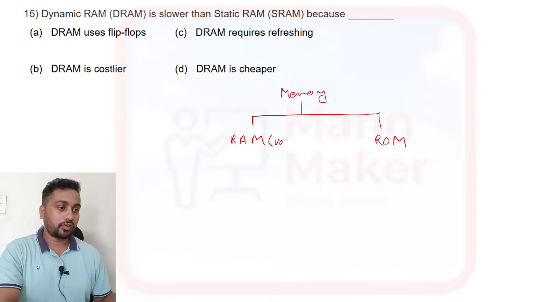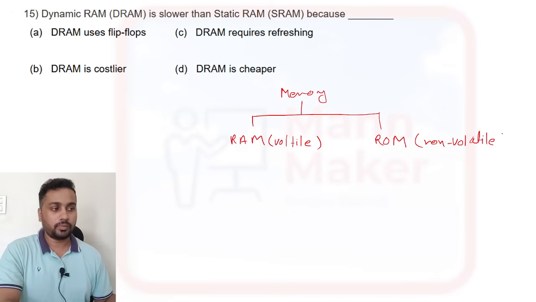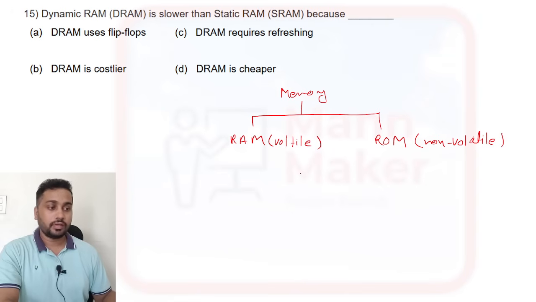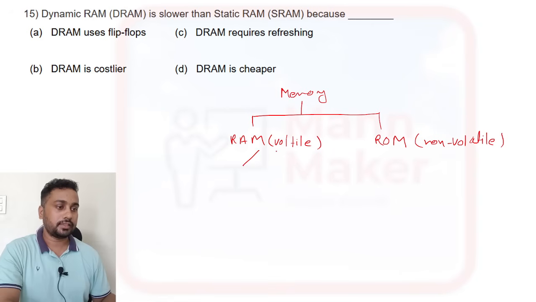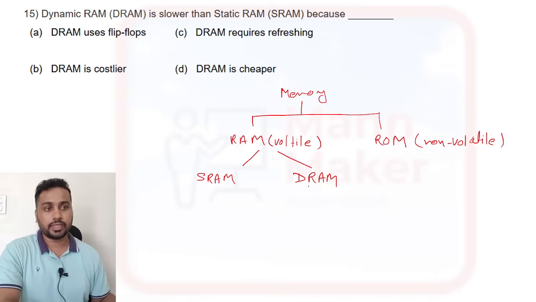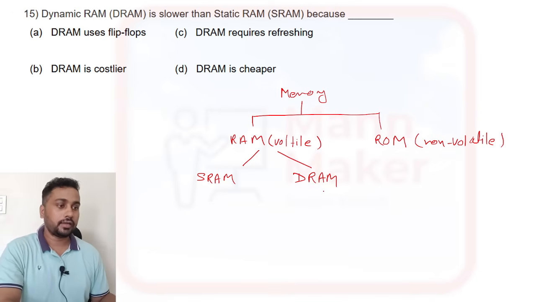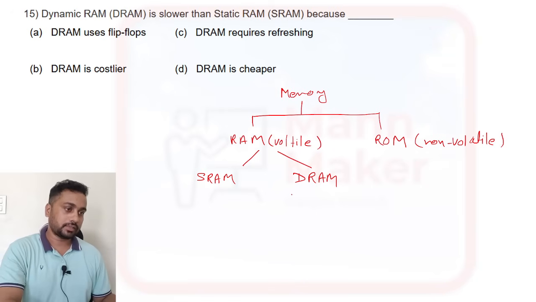RAM is volatile memory, and ROM is non volatile memory. Further, RAM is divided into SRAM and DRAM.